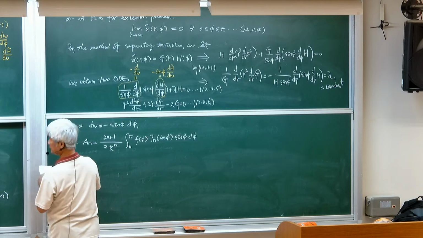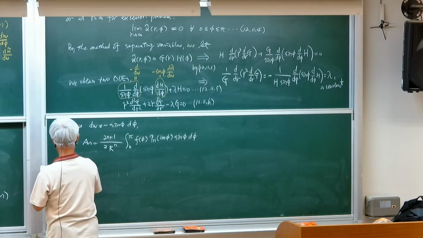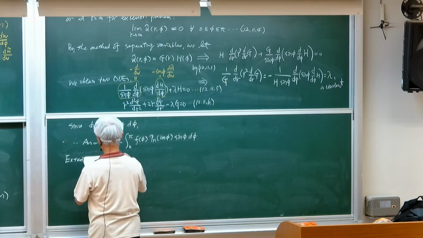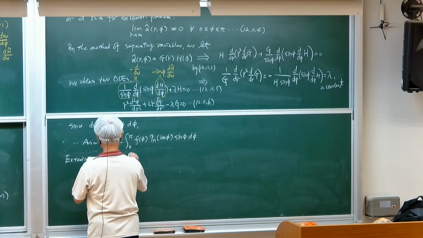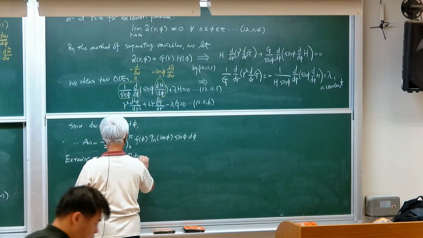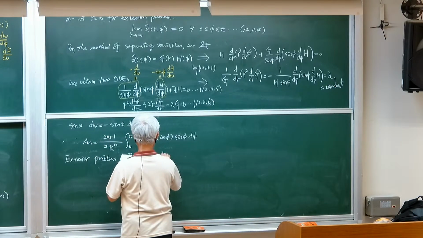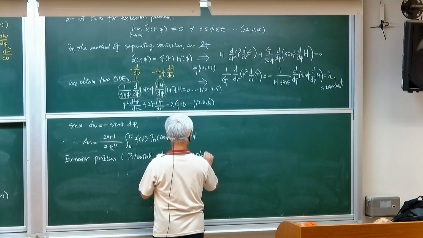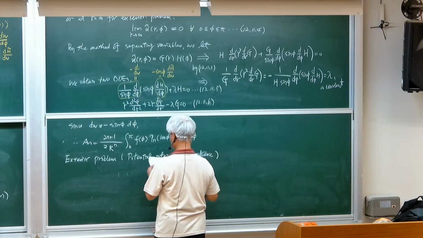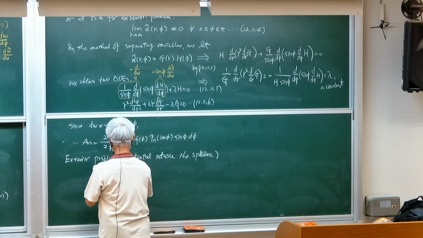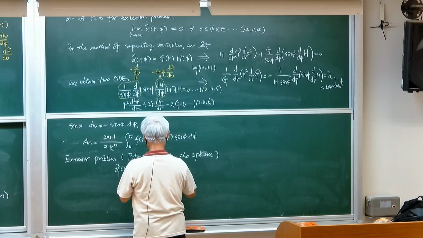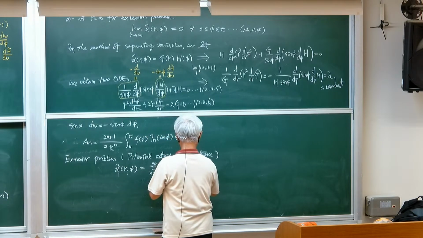And for the exterior problem, potential outside the sphere. Okay, so that it's the sum from 0 to infinity of Bn over r to the n plus 1 Pn and cosine phi.